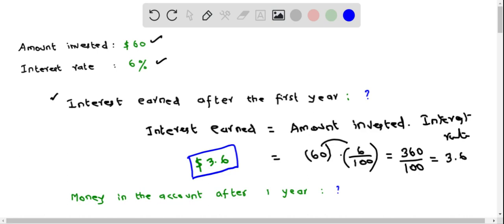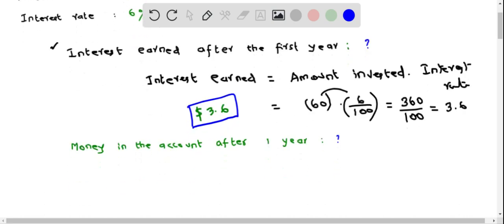We now calculate the money in the account after 1 year, and so this equals amount invested. This is the amount invested at the beginning plus interest earned after first year.